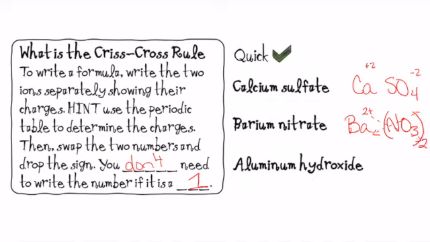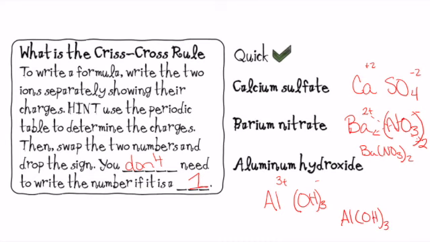If it's a 1, we don't have to write it. So that would be the formula for barium nitrate. And we have aluminum hydroxide. Aluminum is a 3+, hydroxide is a 1-. So we're going to crisscross again. Our formula would be aluminum hydroxide, and then 3.